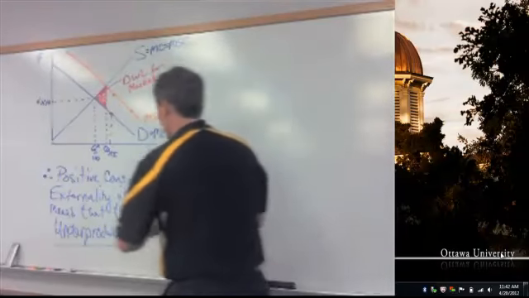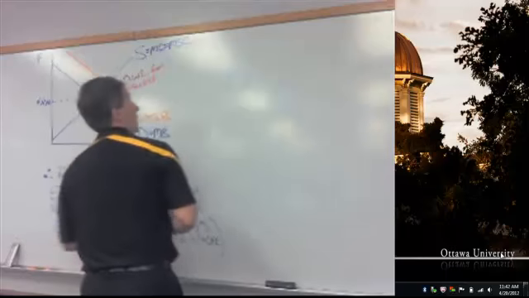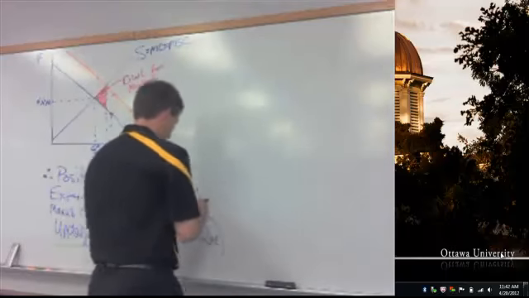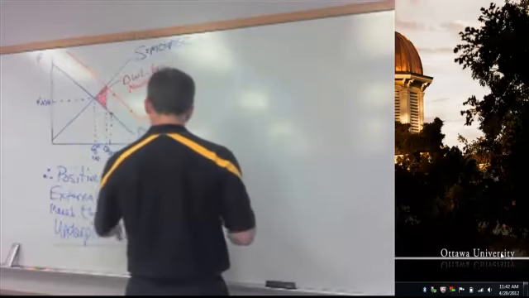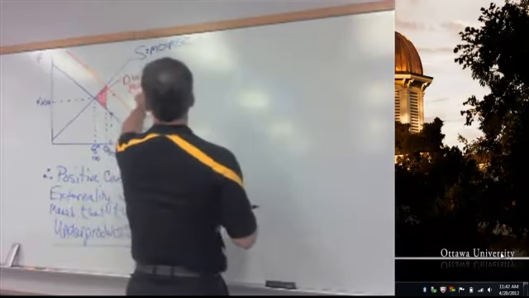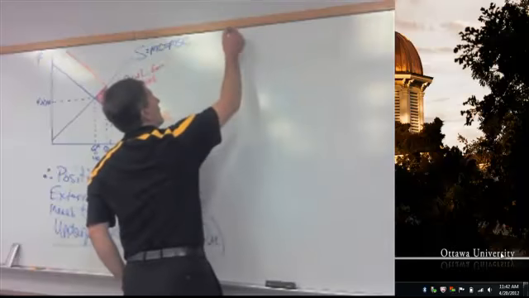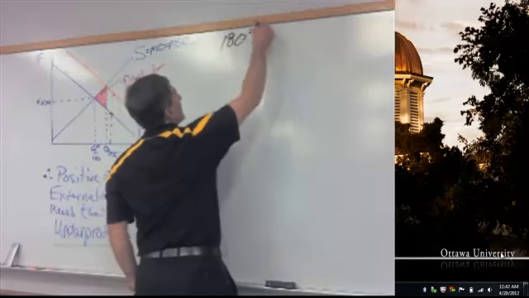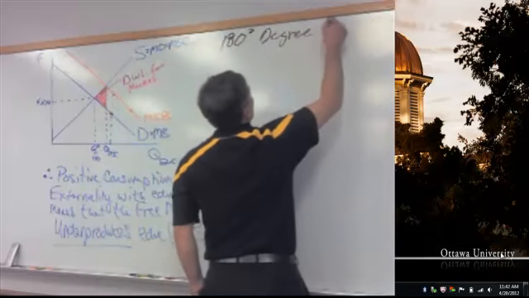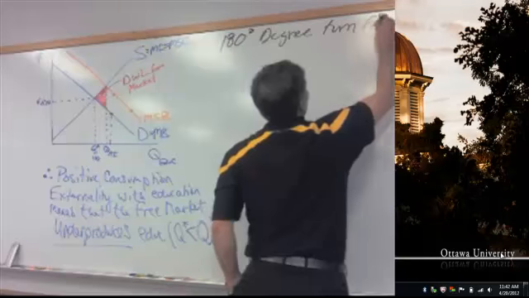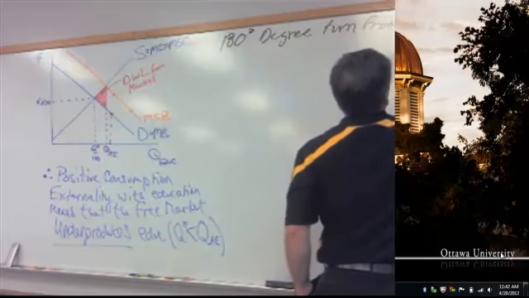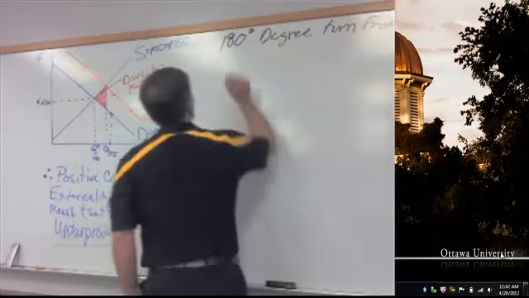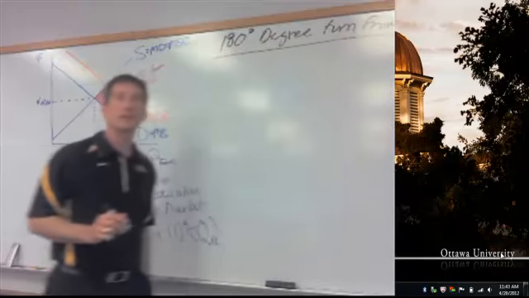All right, so I already wrote out deadweight loss. No, I didn't here. So, 180-degree turn from chapter 5 and 6.